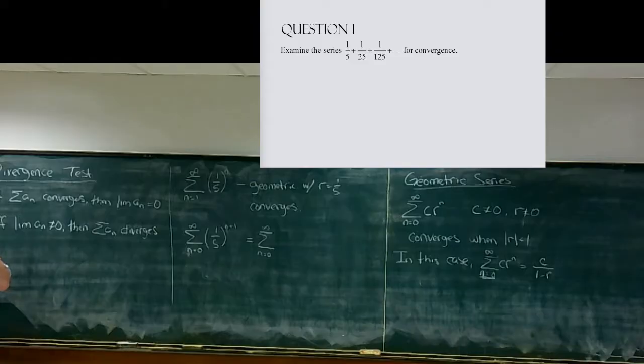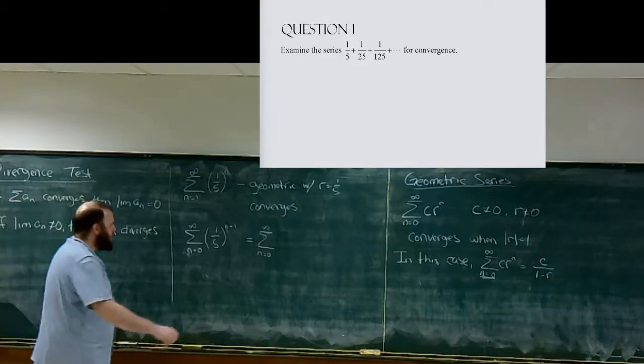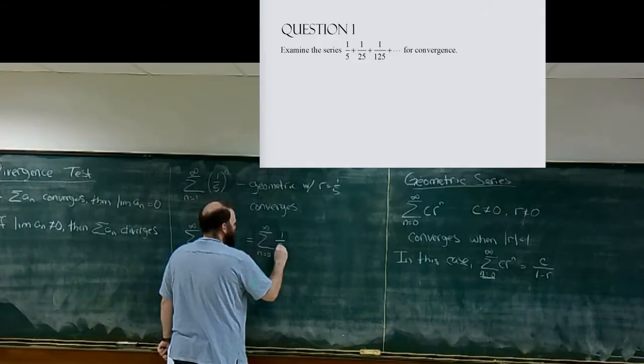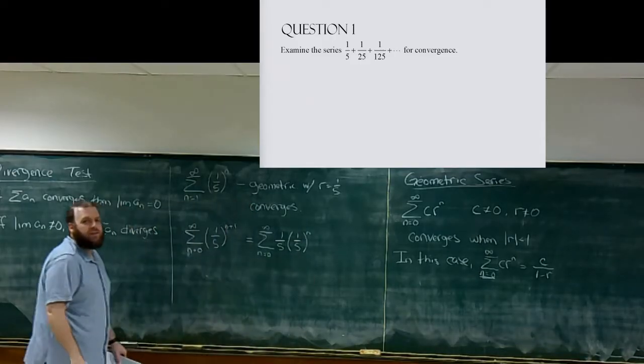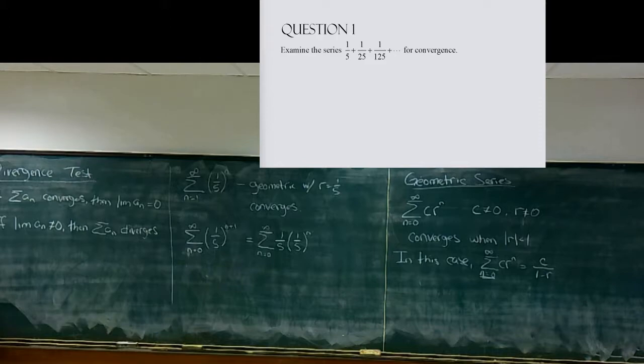Think back to laws of exponents. It's a times a to the n, isn't it? Now it's in proper form. Now it looks like C is 1/5.